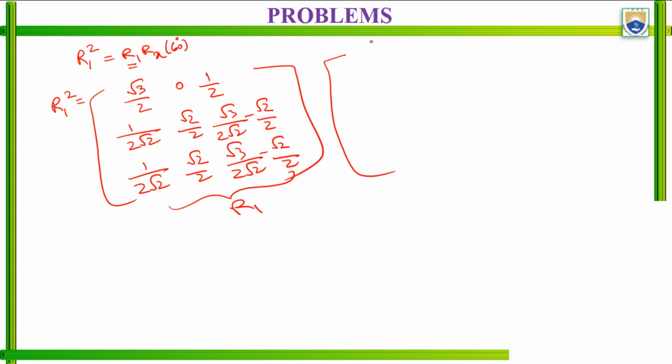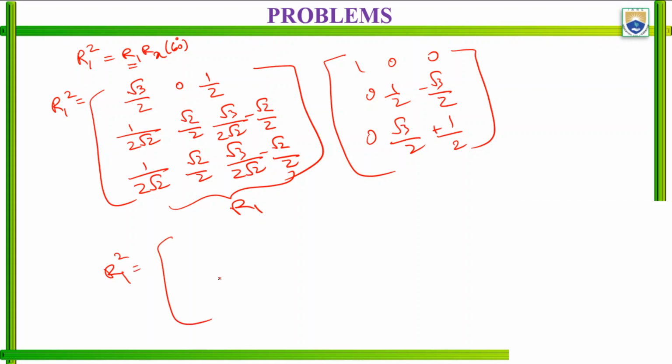Now we will be writing the Rx matrix with respect to the angle. It is 1, 0, 0, 0, 1 by 2, minus root 3 by 2, 0, root 3 by 2, plus 1 by 2. Now when we multiply, what are we getting?